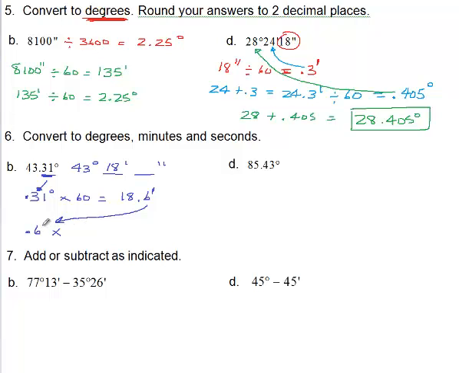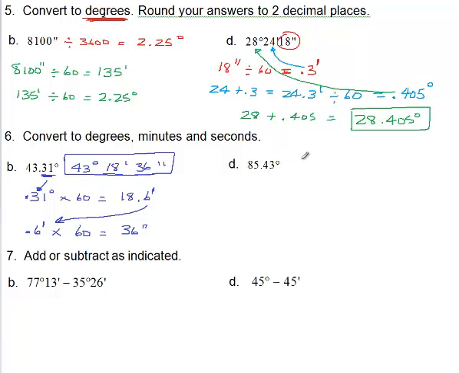Now I'm taking 0.6 minutes, multiplying it by 60, which of course is going to change that to seconds, isn't it? So 0.6 minutes times 60 will change that to 36 seconds. So I put that in there, and there's your final answer for this one.